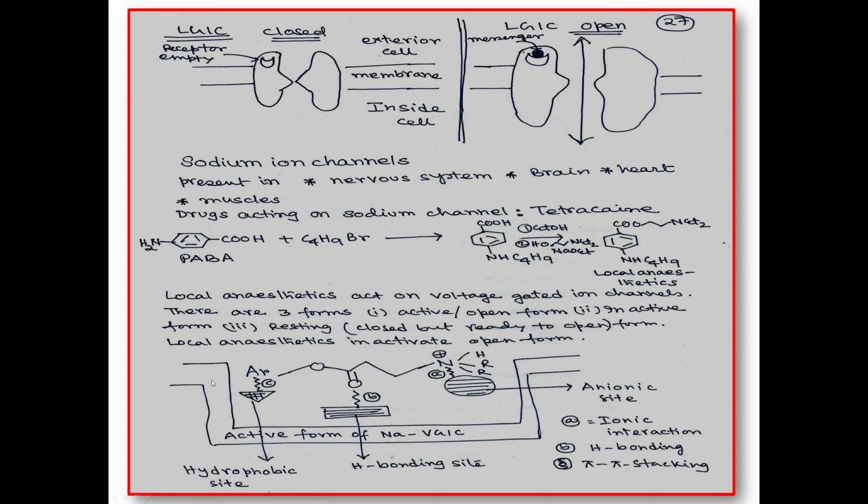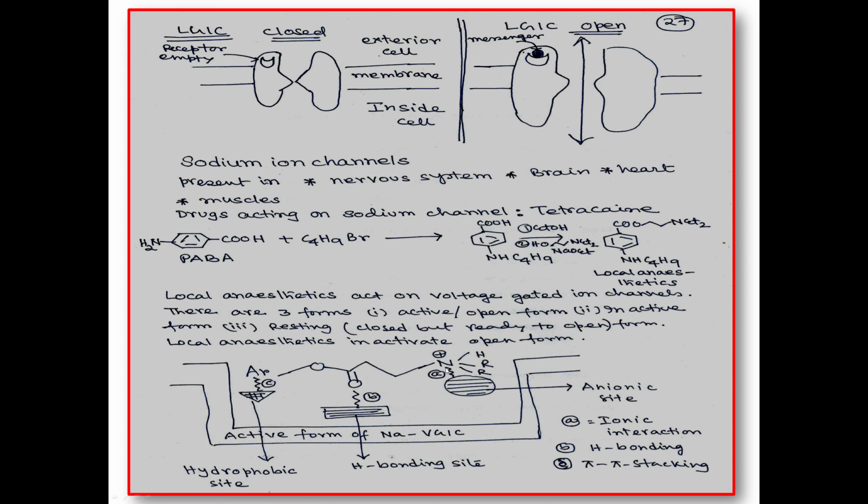Now let us consider how the interactions happen between the tetracaine molecule and the active site of the voltage gated sodium ion channel. The aromatic ring undergoes pi stacking, and the ester C double bond O undergoes hydrogen bonding. The ester C double bond O is the hydrogen bond acceptor, and the active site contains the hydrogen bond donor.